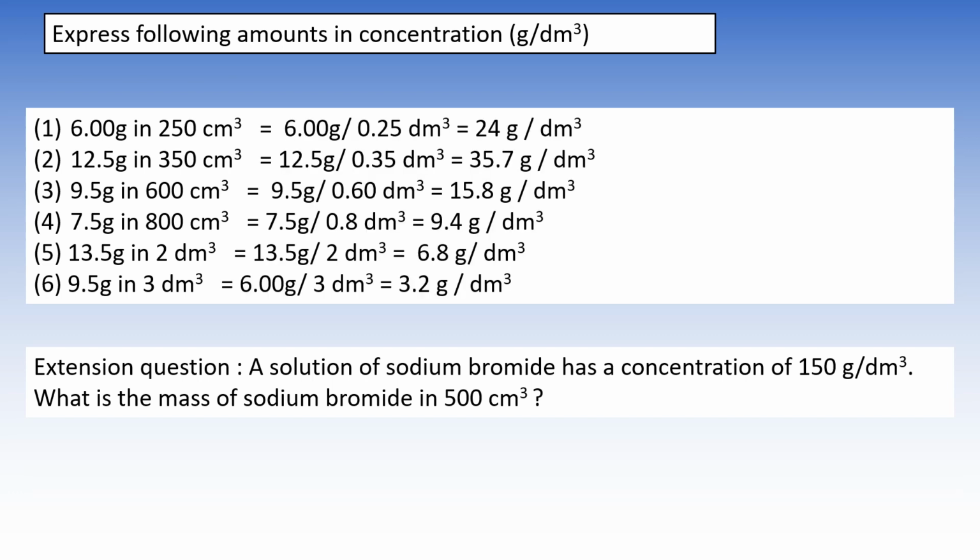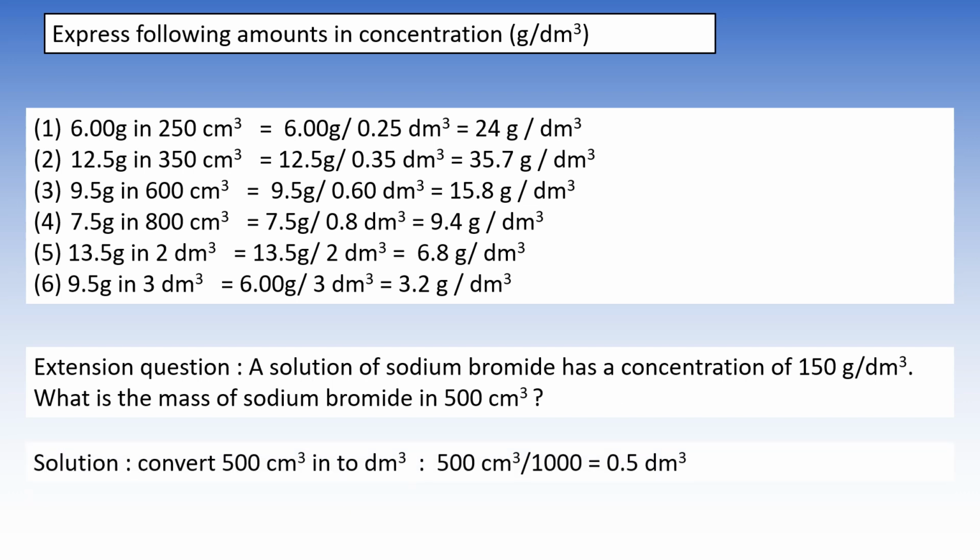So here are the answers. 24, 35.7, 15.8, 9.4, 6.8, and 3.2 grams per decimeter cube for questions 1 to 6. The extension question requires you to rearrange the formula, where you convert the 500 centimeter cube into decimeter cube.